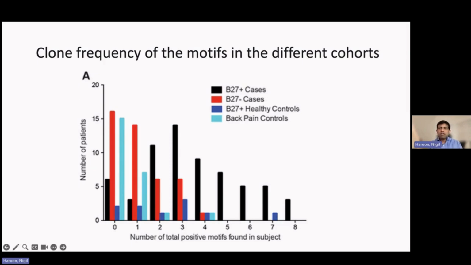If you look at 8, 7, 6, that's quite a high number, and you see that only in B27 positive AS patients. You don't see a high number of T cell clones in B27 positive healthy controls, B27 negative cases, or back pain controls, showing that there seems to be a T cell driven by specific antigens in B27 positive AS patients.